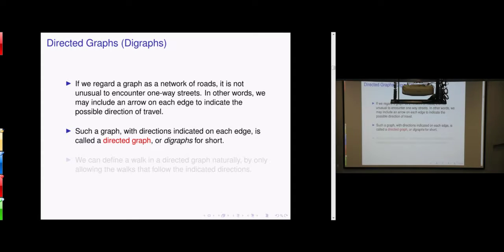Such a graph with direction indicated on each edge is called a directed graph, or digraph for short. We can define a walk in a directed graph. Just follow the arrows, and you cannot go in the wrong direction.